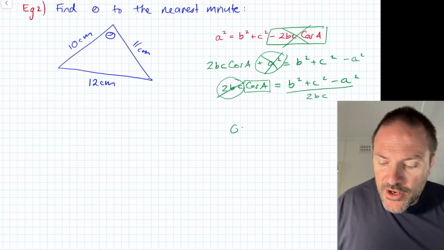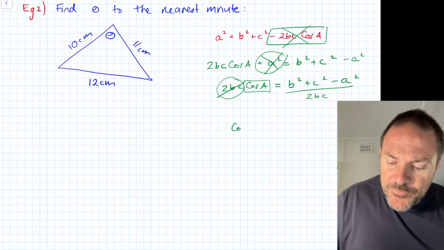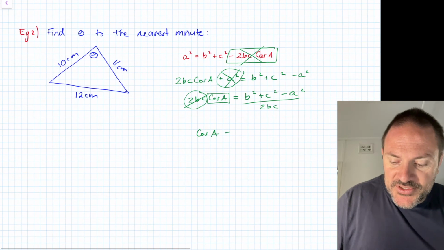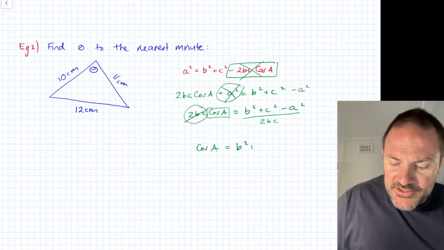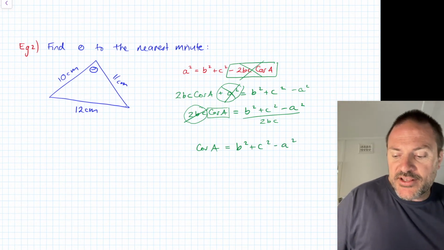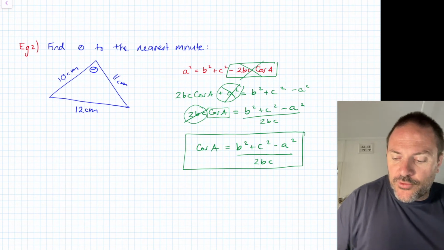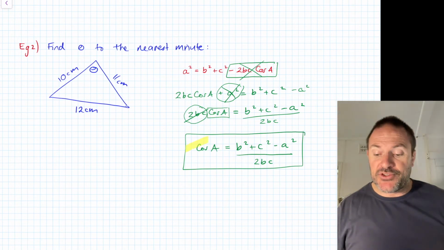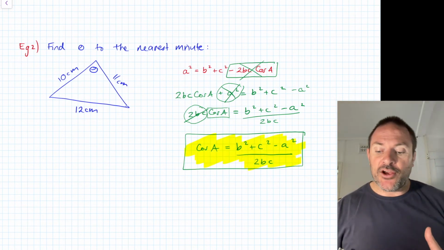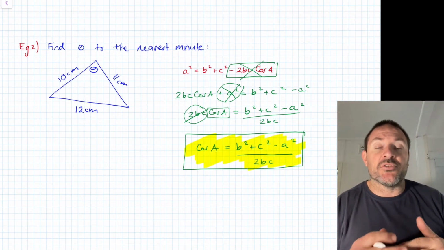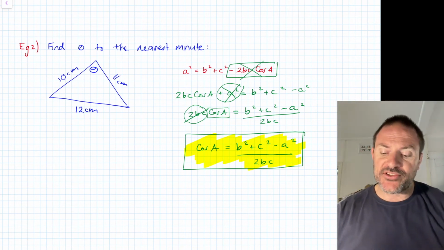And I end up getting cos A equals B squared plus C squared minus A squared all over 2bc. Now that rule will generally be given to you, and that is actually our rule to find our angle A. Remembering, of course, that's what cos A equals. We need A equals, so you'll be doing that shift cos to get rid of the cosine out of the front.